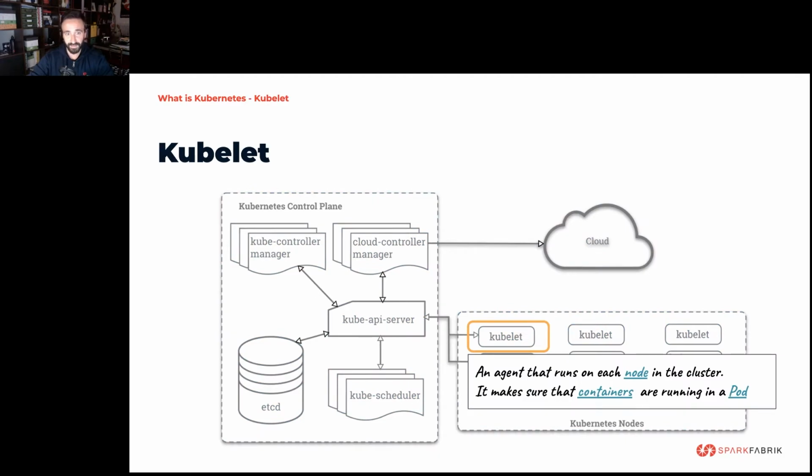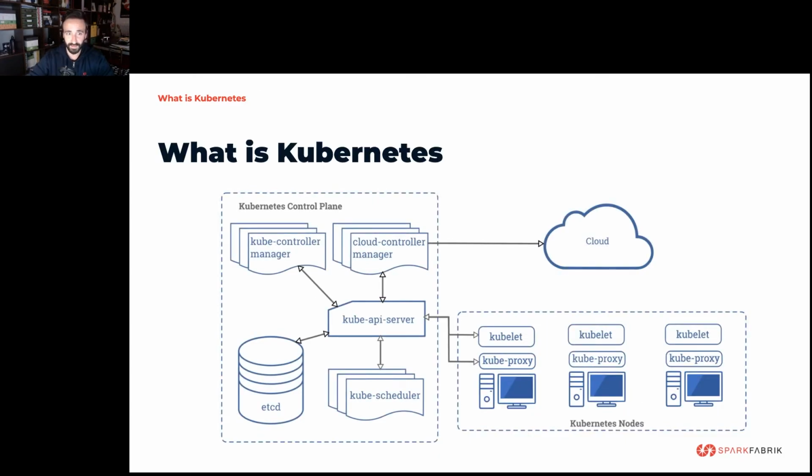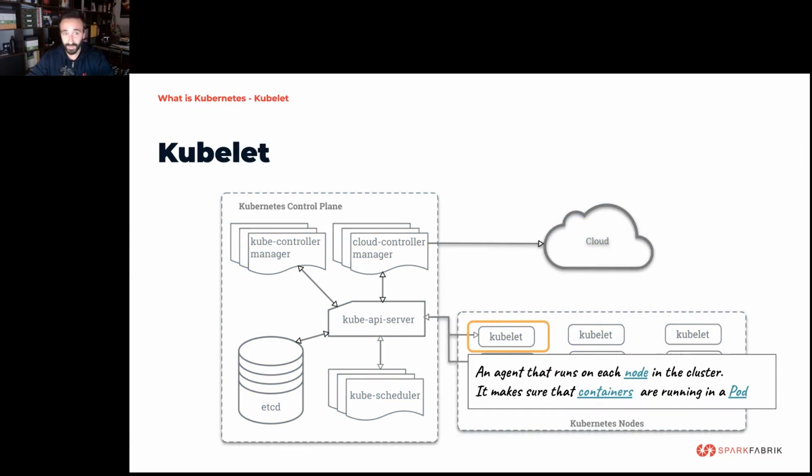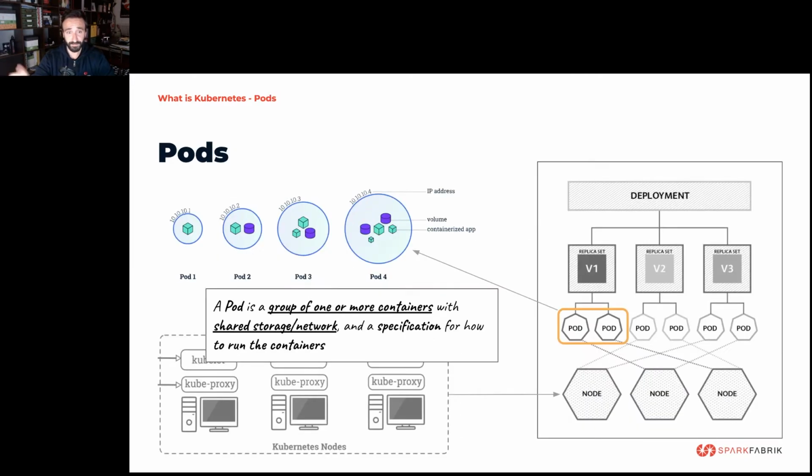The control plane is a set of processes that run on the master nodes on the left side, and on the worker nodes on the right side, and the most important is the kubelet. It's an agent that runs on each node of the cluster to make sure that containers are running in a pod. And then we have the pods, which group one or more containers with shared storage, network and a specification to run them.